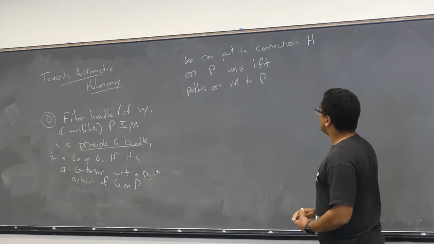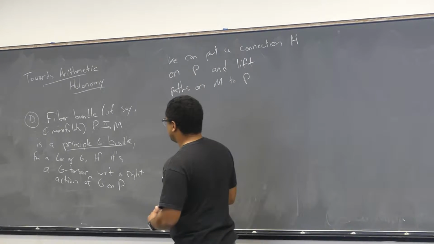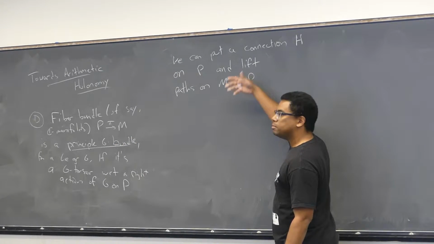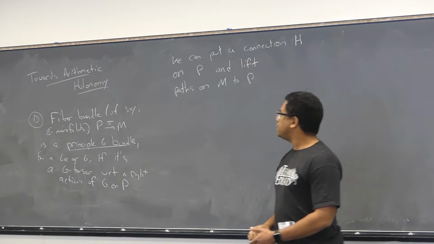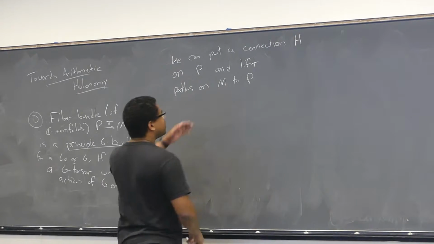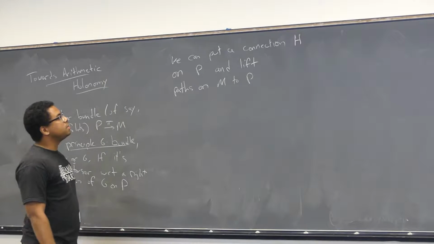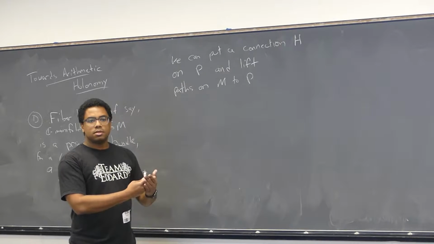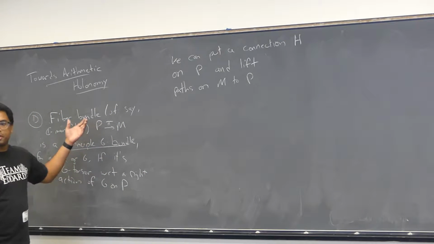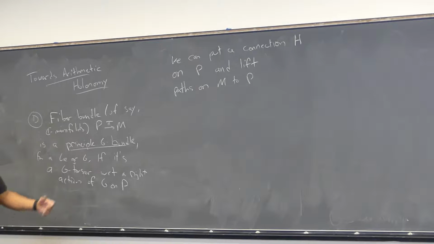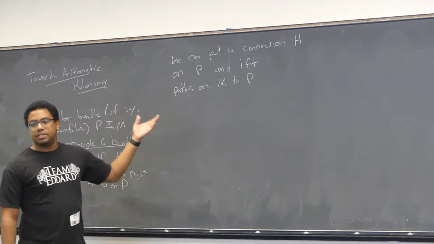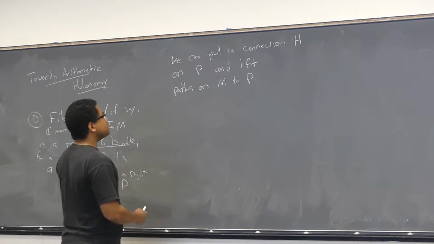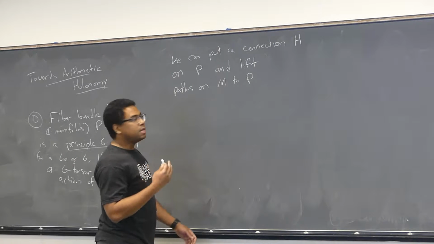This is some horizontal part of the tangent bundle of P, and we can lift paths on M to horizontal paths in P in an appropriate fashion. One can also use the specification of such a horizontal to define a projection onto the fibers of P, and then from that push forward and come up with a one form that represents the connection. How it's done, but I'll stick with this H for now. Maybe I'll say something about the other way in a bit.